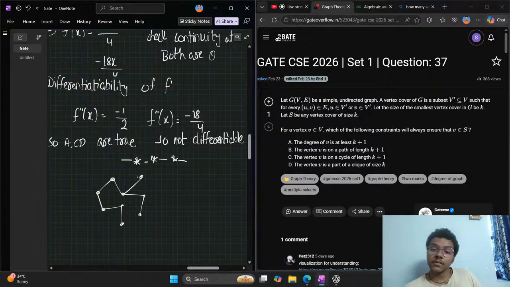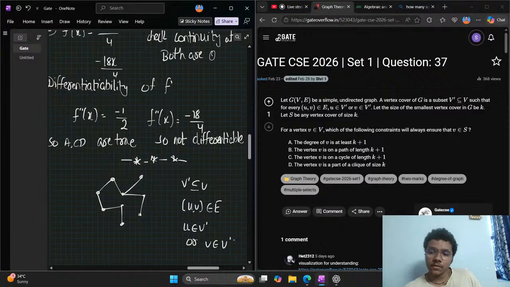A simple graph. Vertex cover of G is a subset V bar of V such that for every (u, v) belonging to E, u belongs to V bar or v belongs to V bar. So for example, for this edge either this vertex should be present.